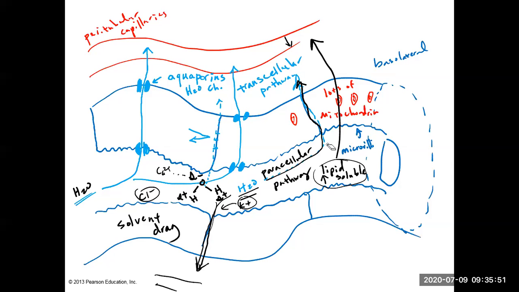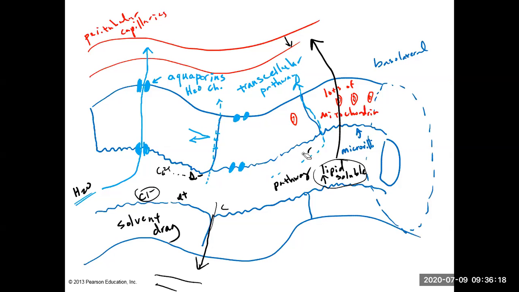So two pathways: the paracellular pathway and the transcellular pathway, the differences and what is being transported. Now, the major idea: why is the water going to the other side? Because the other side has higher solute. Outside of the tube always has higher solute than inside of the tube. We can look at that, but for now I'm just going to erase a little bit of this so we can look at other things.